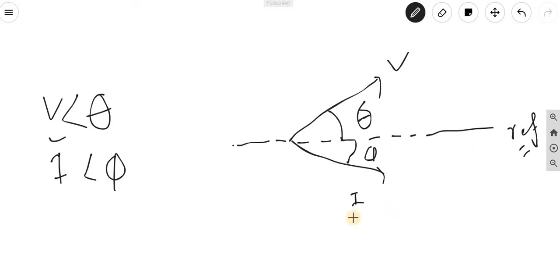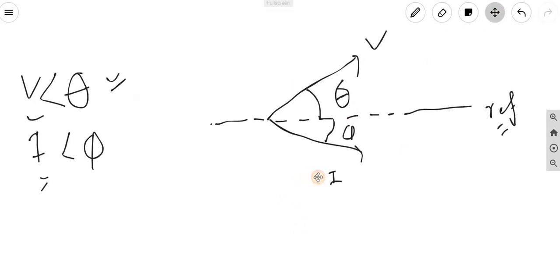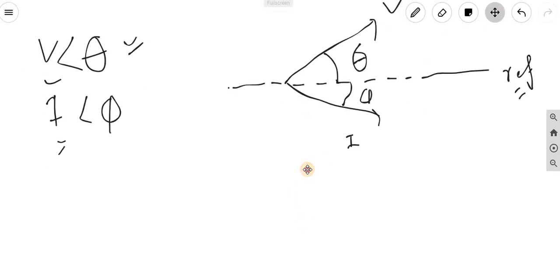This voltage is across some element and this current flows through that element. Now suppose we are interested in the active power.